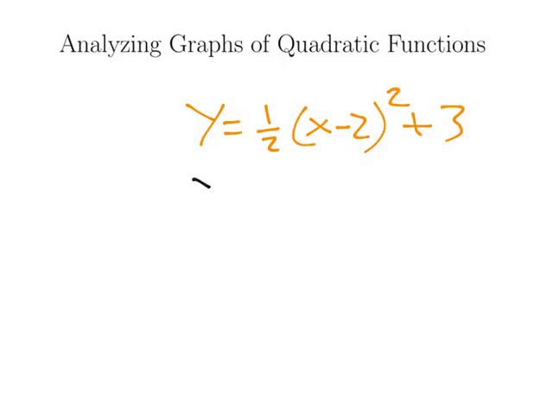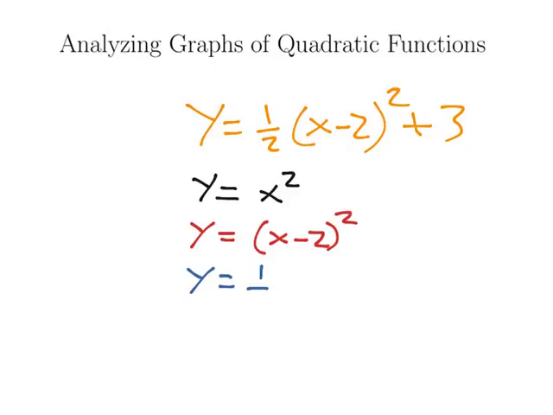So if I have, let's say, y equals 1/2 (x minus 2) squared plus 3, all this really is taking y equals x squared, shifting it 2 to the right, because b is a positive 2, it's shifting to the right 2, making it wider by a factor of 2, and finally taking that and moving it vertically upward 3 units.